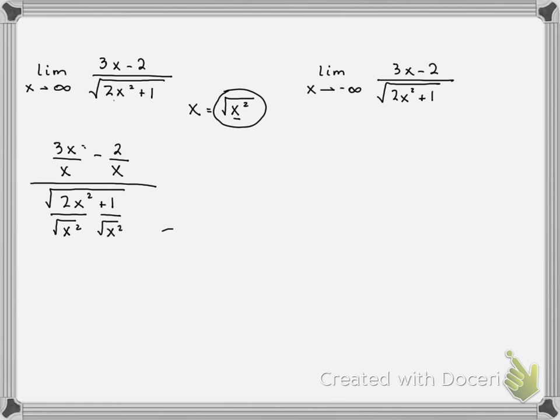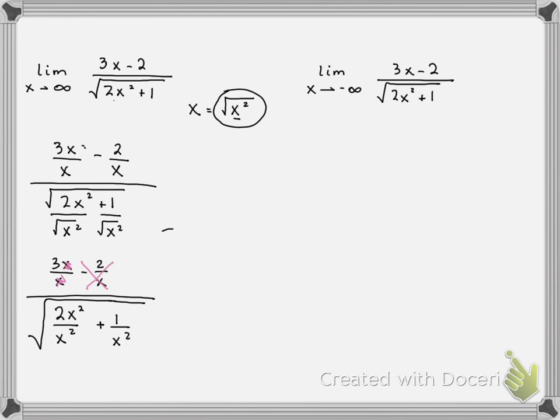So we could put all of that into one single radical, 3x over x minus 2 over x, all over the square root of 2x squared over x squared plus 1 over x squared. Okay, now we can do some simplifying here. These x's go away.